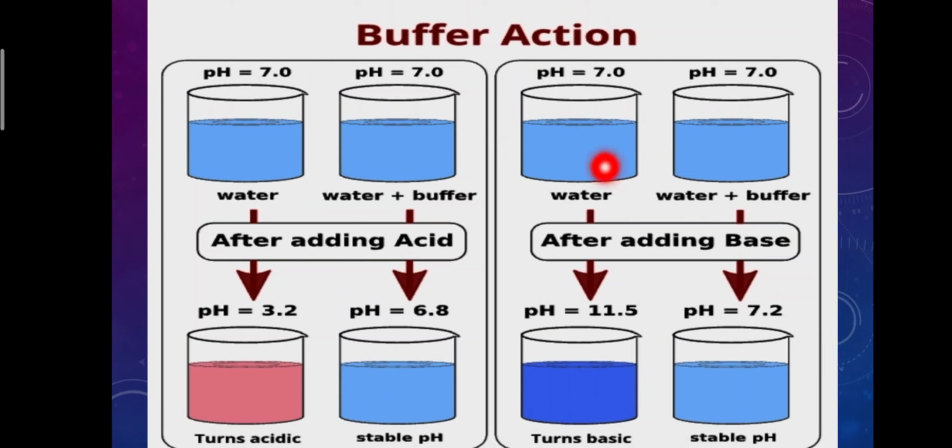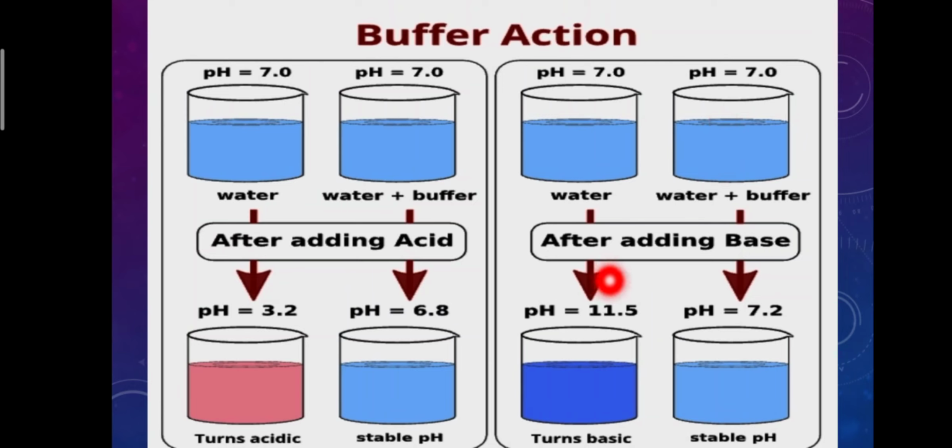This is pure water, its pH value is 7. After adding base, the pH of the solution changes from 7 to 11.5, and the solution turns basic. While in the buffer solution, its pH is 7.